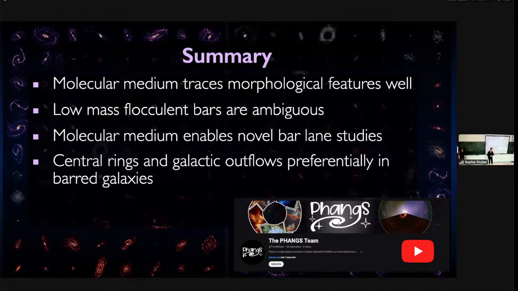Does it make sense? Can you check, for instance, neutral gas to see that we have a higher rate? No, we don't have any full sample observations of neutral gas, as far as I'm aware. Currently there's also a master student looking at the ionized gas, because H-alpha should be even easier to detect, but he's still working on it, so he hasn't done that.